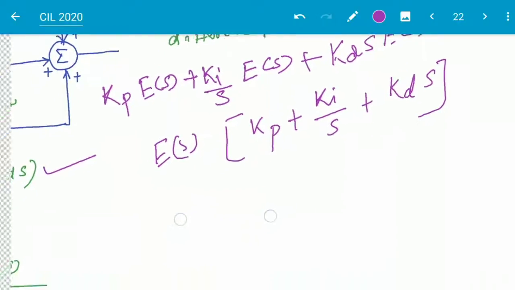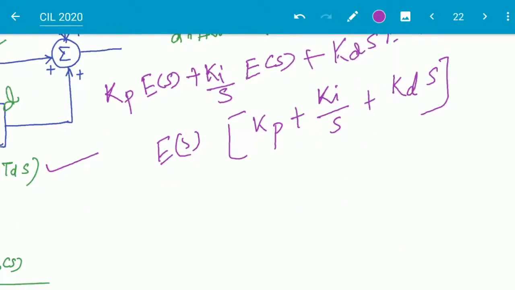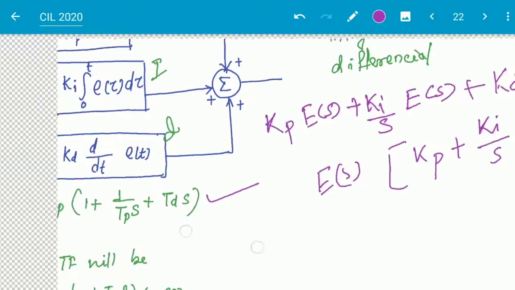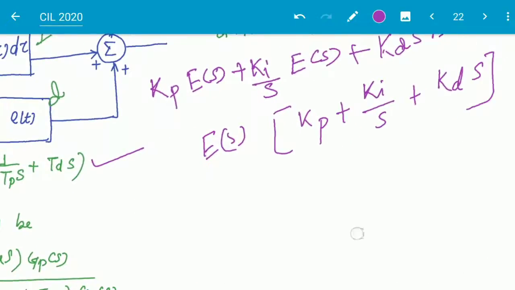The output by input, Es, here Es will be denominator, and this will be the whole term.